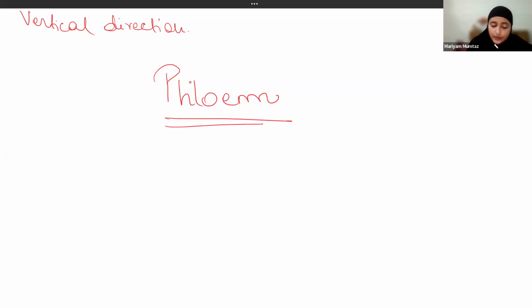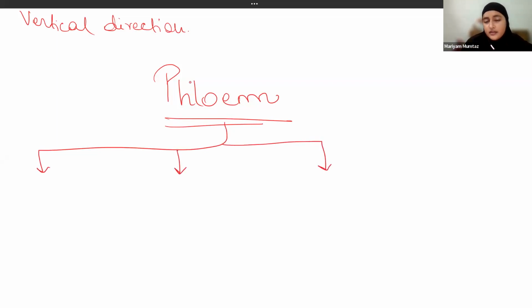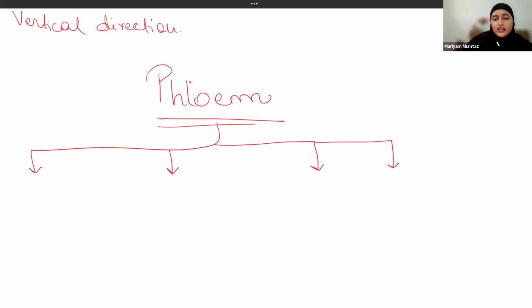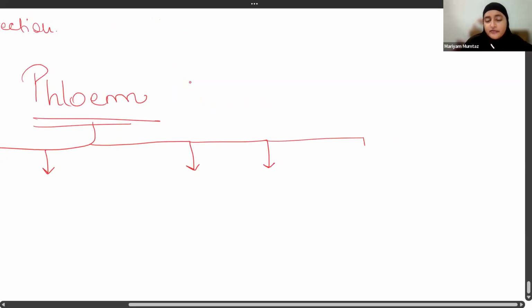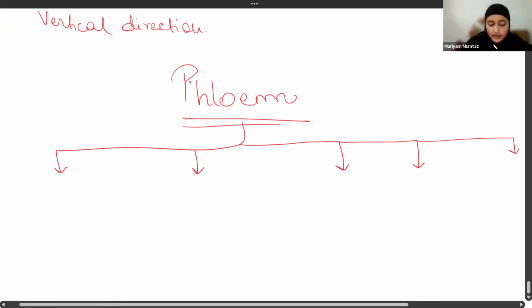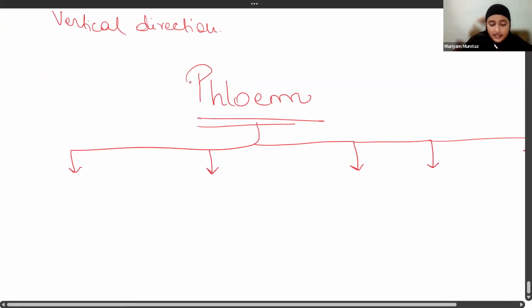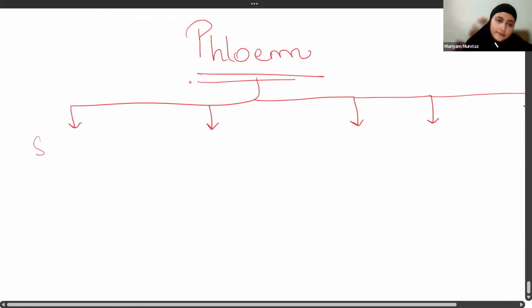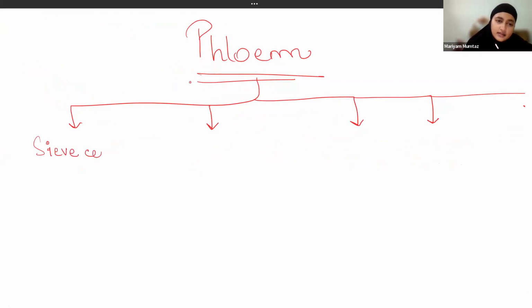Now see, phloem is made up of 5 cells. 1, 2, 3, 4, and 5. So the first cell is sieve cell.